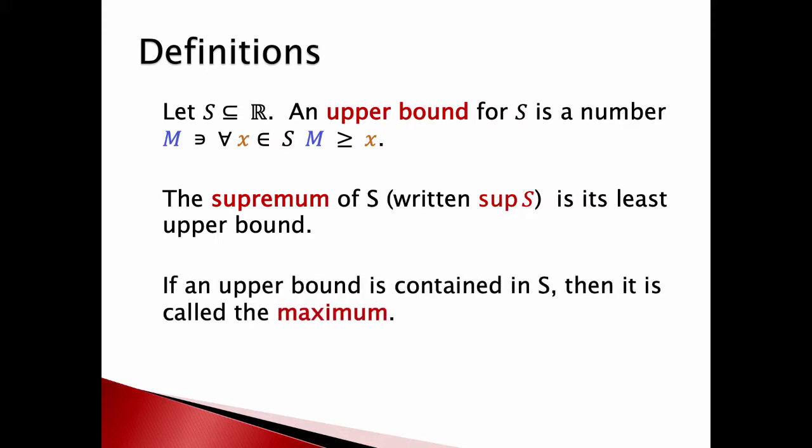Okay? If that upper bound is actually in the set, then we'll say it's its maximum. Now you're used to seeing maximums before, local max, local min in calculus, right? So something's a maximum if that's as big as it gets. That's exactly what happens. An upper bound is as big as it gets, and if that's actually an upper bound that's part of the set, so it actually does get that big, then we call it a maximum.